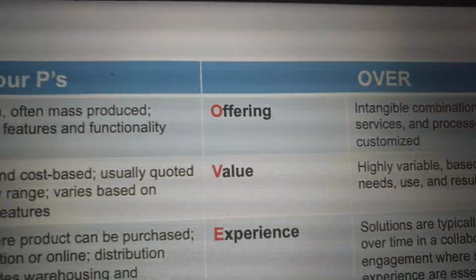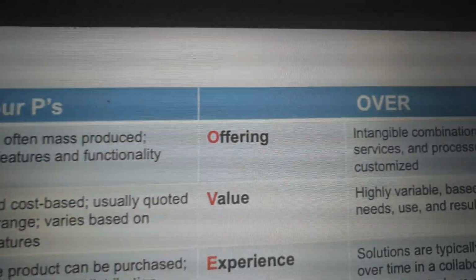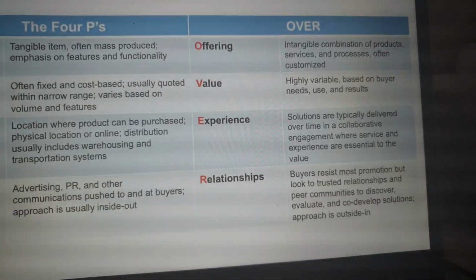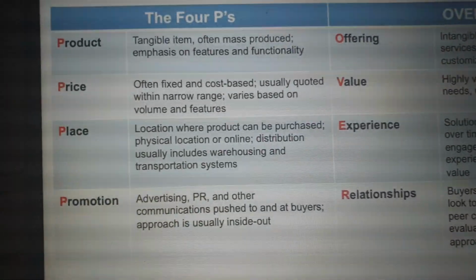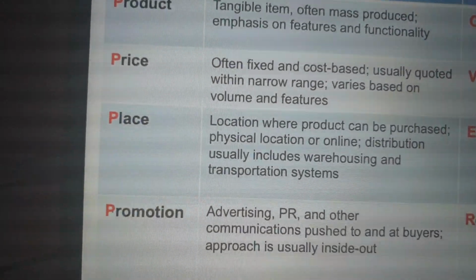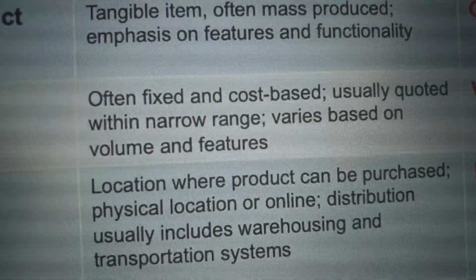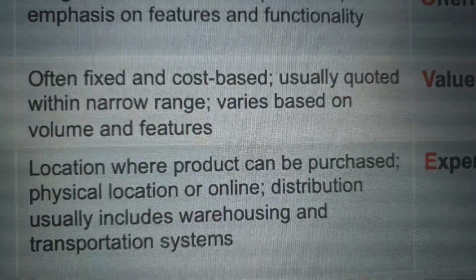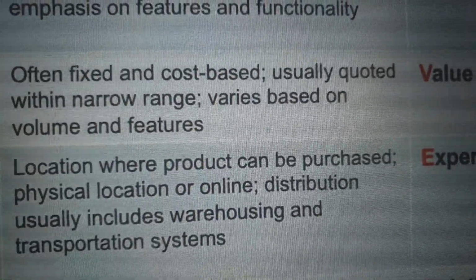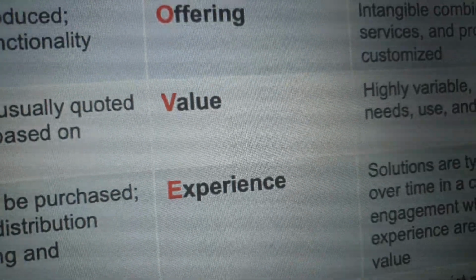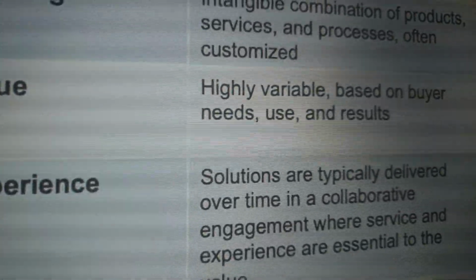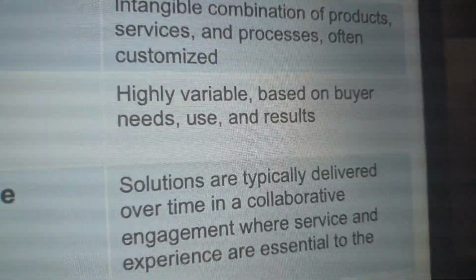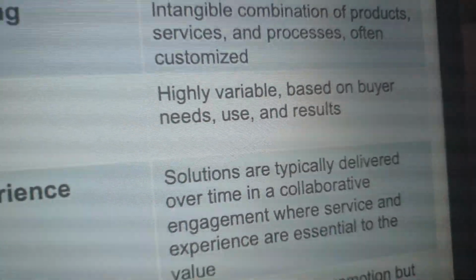Then price, often fixed and cost-based, usually quoted within narrow ranges, varies based on volume of features. That is the value, which might be highly variable based on buyer needs, use, and results.